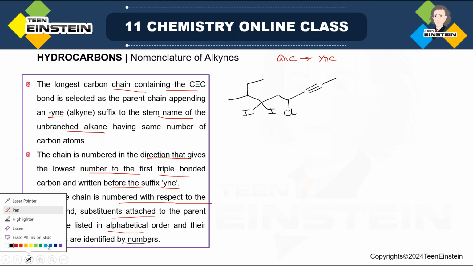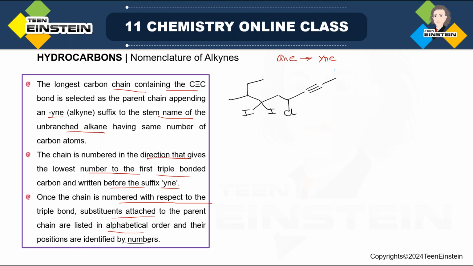Now in this case, if we put numbers, obviously the numbering should start from this side, because the first carbon of the triple bond should have the minimum number. If you start from the other side, it will have a very large number, so that is not correct. 5, 6, 7, 8, 9. Here we have the methyl substituent at the 7 position, two iodo at the 6 position, and chloro at the 4 position, right?